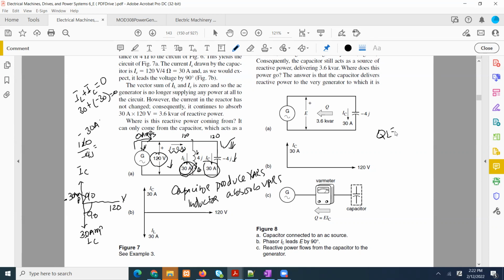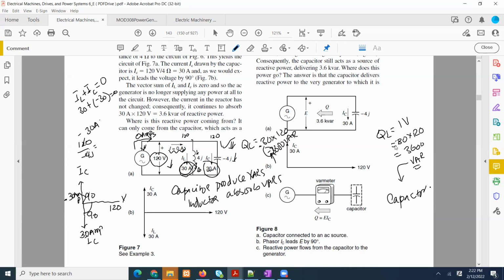We have QL equal to I times V, and I is 30 and voltage is 120, as we saw in the previous example. That is 3600 VAR, and this 3600 VAR is now produced by the capacitor, because if you see, the capacitor current is minus 30, so we would have QC, which is negative 30 times 120, that would be negative 3600 VAR, and that means that it is producing it.